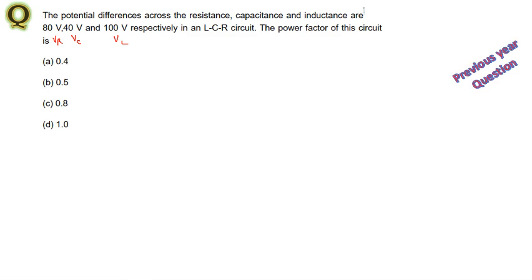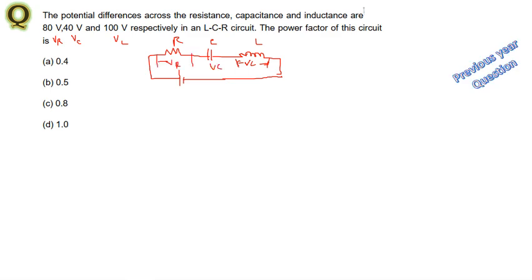Suppose this is the potential V given over here: first one is resistance, another is capacitance, another is inductance. This is VL, this is VC, and this one is the potential across resistance, VR.